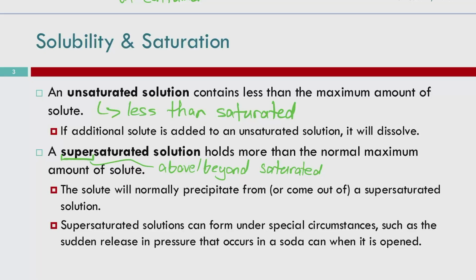And the key is that we would be changing our conditions. So it's actually pretty easy to make a supersaturated solution. You just have to change the conditions. Normally if you have a supersaturated solution, the solute, the dissolved chemical, will precipitate, it'll form a solid out of the supersaturated solution.